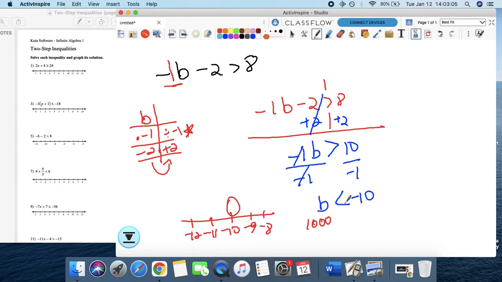Obviously not, right? So where is 1000? 1000 is on the right side, right? So if you put the 1000 in the inequality, substitute it, and it works, you point it this way. If it doesn't work, you point it this way. In this case, is 1000 less than negative 10? No. So because it didn't work, we want to point it that way.